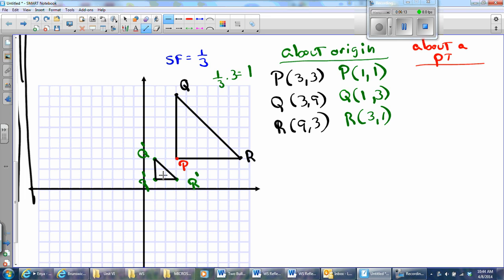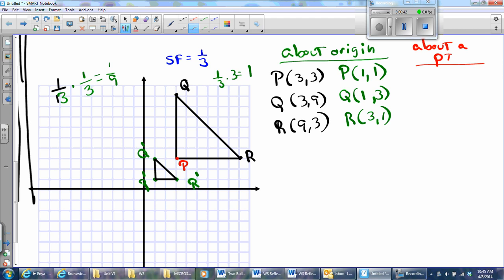So the new area is 1/9 of the other one. How did I get 1/9? 1/3 times 1/3 is 1/9. So in other words, 9 of these triangles would fit inside of this big triangle.